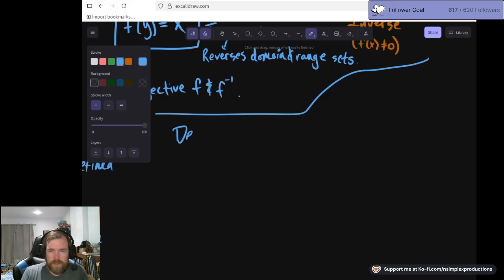All right. All right, define f of x is equal to x cubed plus x minus 4.